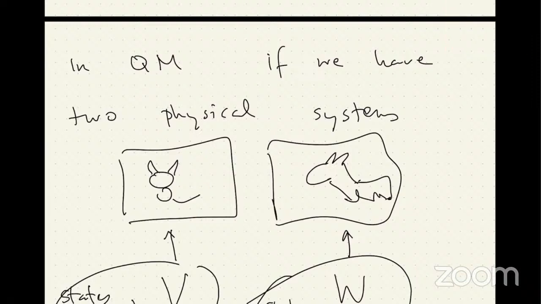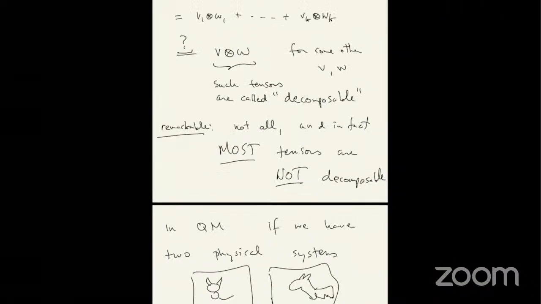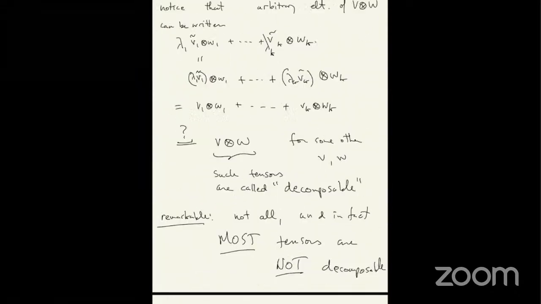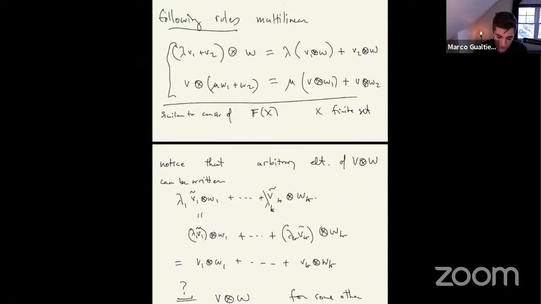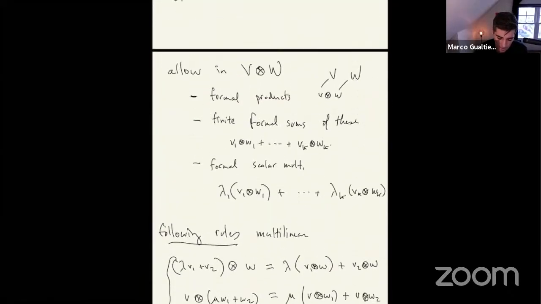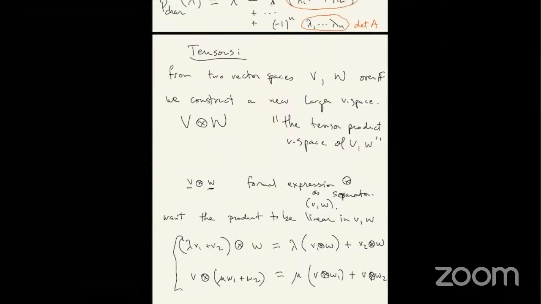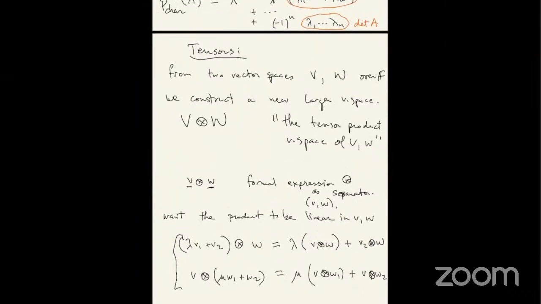Hi, I had one question. When you defined the tensor product and those two linearity rules required, it did seem to imply that the vector spaces do have to be over the same field. Yes, they are over the same field. Absolutely. That is one restriction.